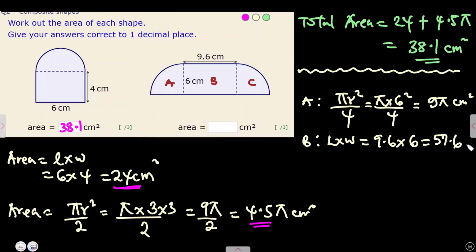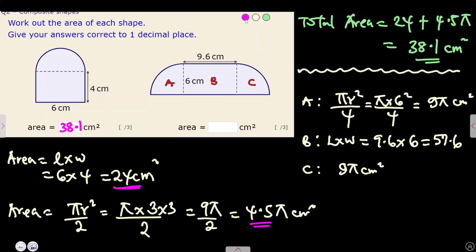Of course, it's in centimeters squared. I don't have enough space to put that. And then for C, again, it will be the same thing as for A. So that's going to be the same thing, 9 pi centimeters squared.